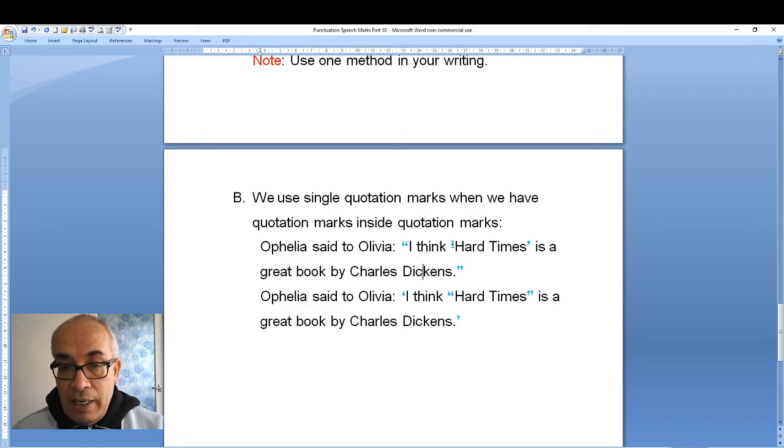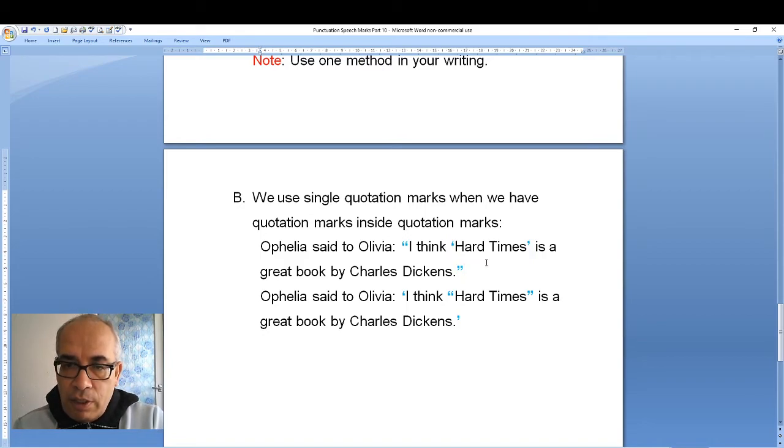But inside this sentence, I have the name of a book. So what do I use? I use single quotation marks before Hard and single quotation marks after Times. So this is how we use single quotation marks.